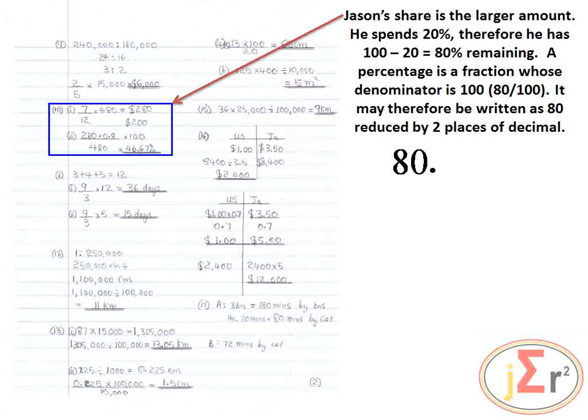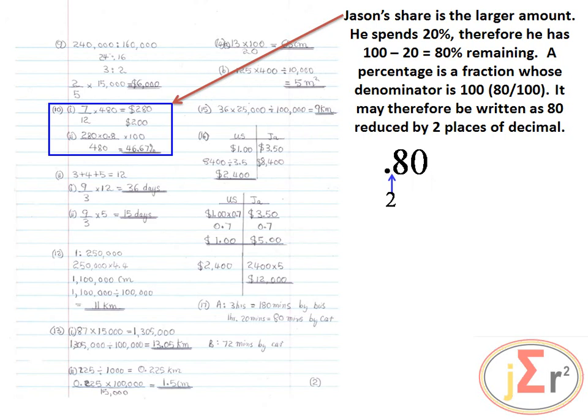It may therefore be written as 80 divided by 100, which is the same as reduced by 2 places of decimal. So let us reduce by 2 places of decimal. The decimal point in a whole number is always considered to be at the extreme right. So reduce by 2 places of decimal: 1, 2.